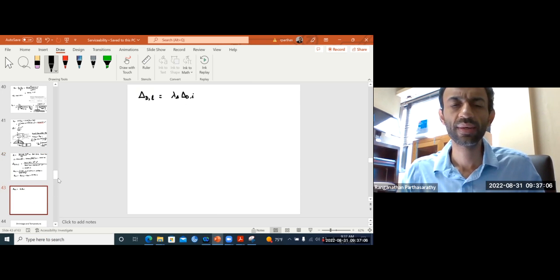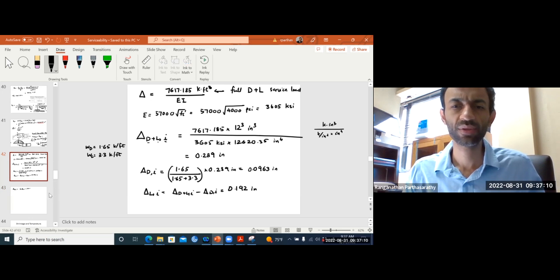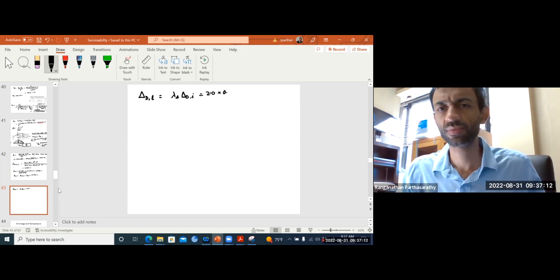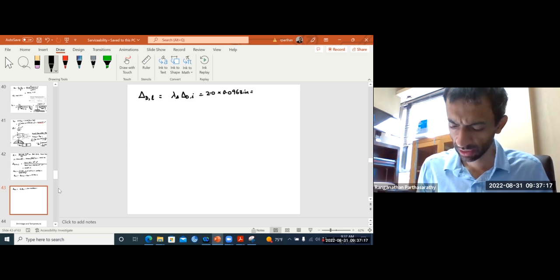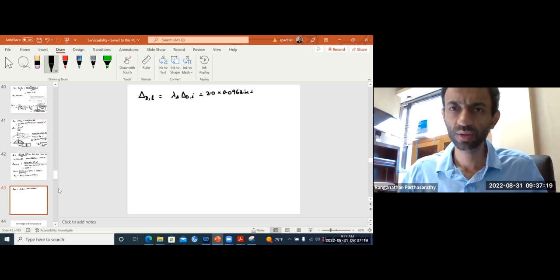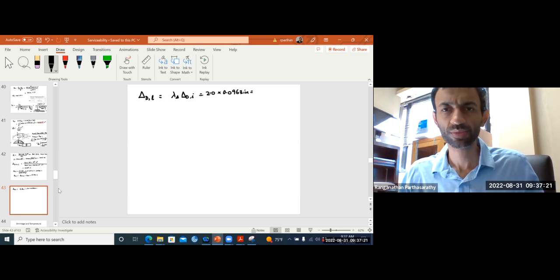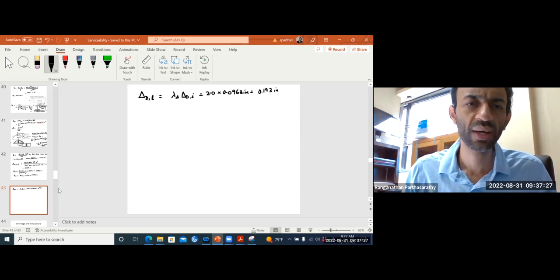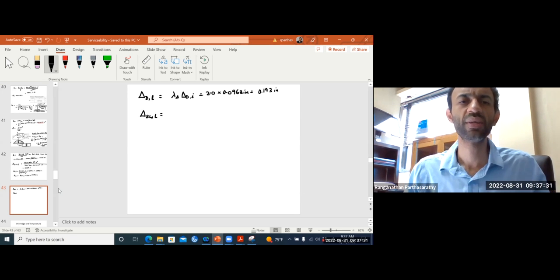So delta D L is 2 times delta D I, which was 0.0963. So that is 0.193 inches.